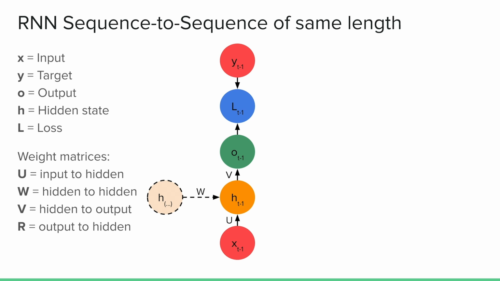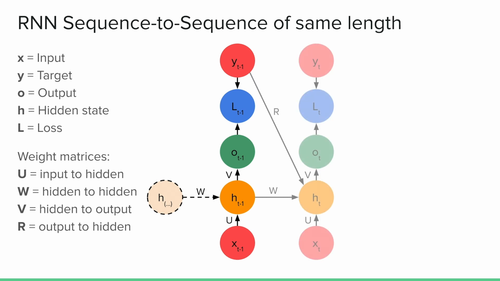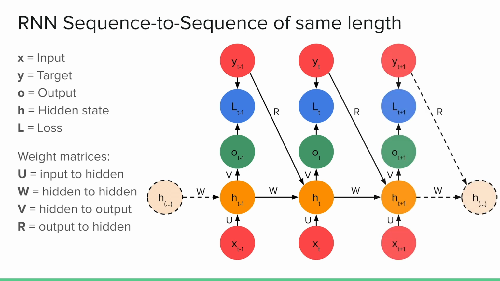We can compute the loss when we compare it to the target, and we take in the next thing here. We also have this output to hidden thing here again with teacher forcing, where we feed that back to our next step, and we produce the second output, and so on and so forth. So you can repeat this, and for each input we produce one output.